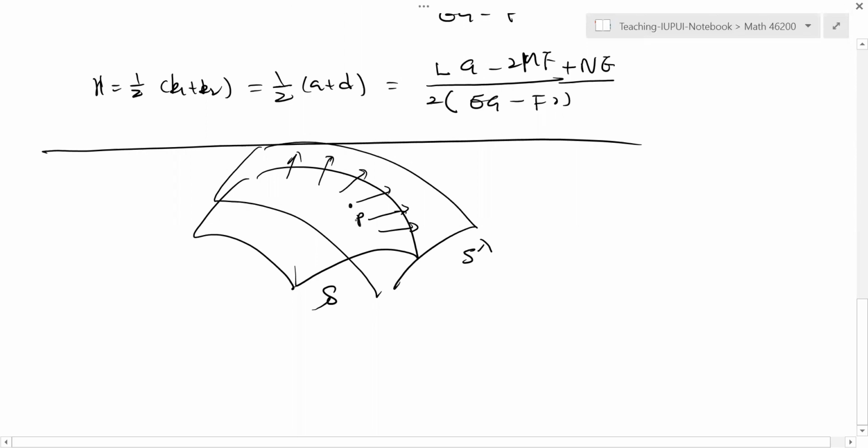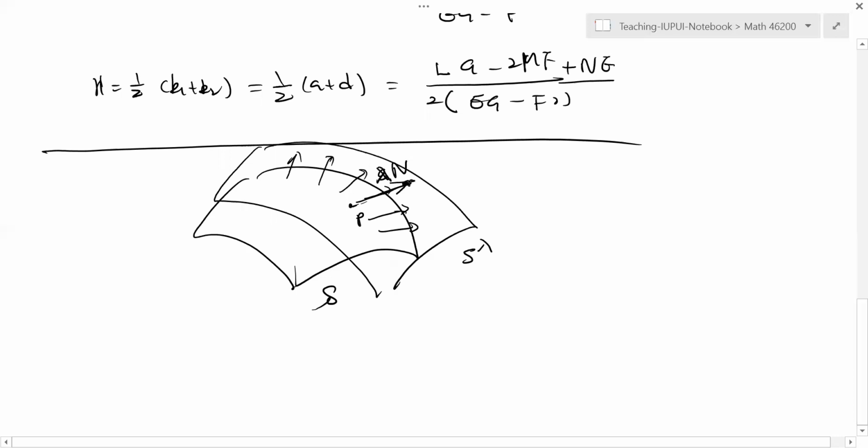If this is a point on the original surface, then here's another point, in the normal direction, defined by lambda n.